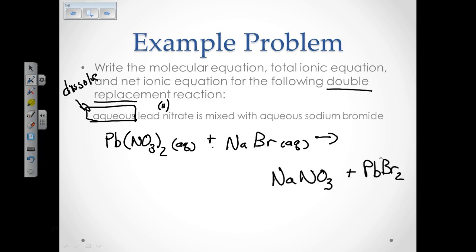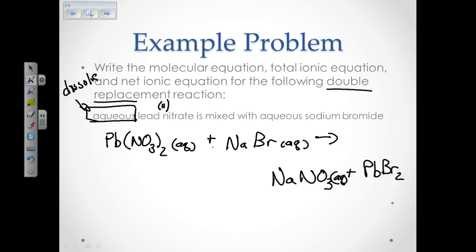Now, we don't know the states of these, whether they're solid, liquid, gas, or aqueous, but we know our solubility rules. Anything with sodium is always soluble, so that's aqueous. If that's not enough, look at nitrate: all nitrates are soluble, so that compound is aqueous.